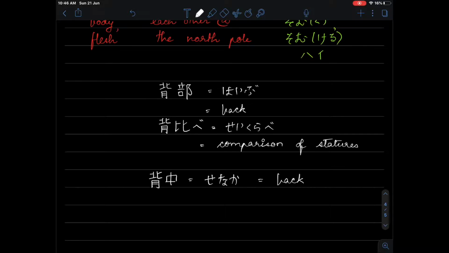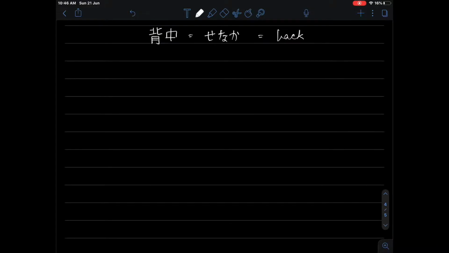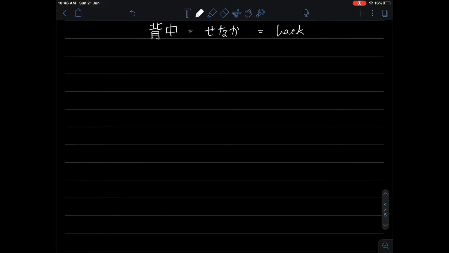When you want to say something like my back hurts, you will use the word senaka more commonly or in very plain speech. I am not very sure under what circumstance you would use seibu, but generally when you want to complain to your, let us say, your mom at home, and you're like, oh mom, my back hurts, you'd be using the word senaka. Okay, I'm not sure it was very useful, but still. Okay, let's have a look at the next one.